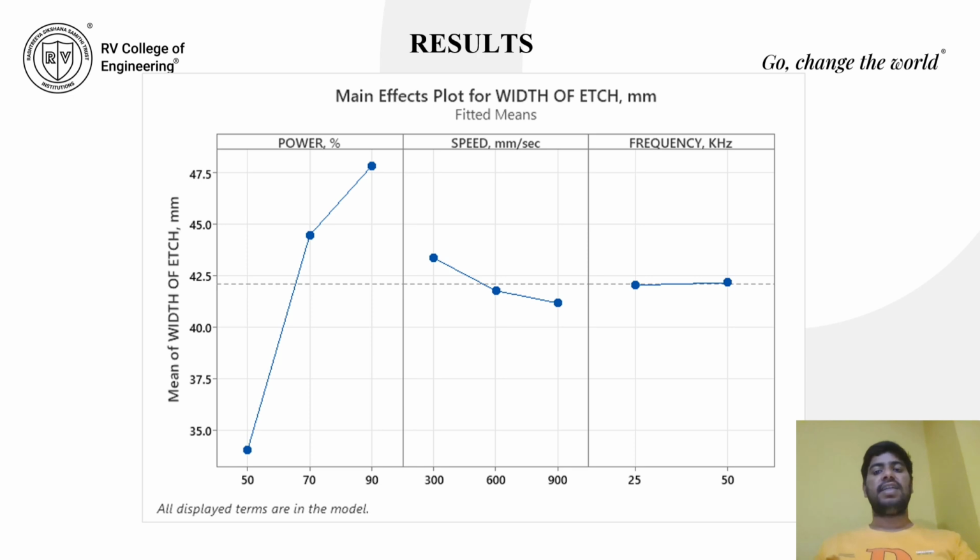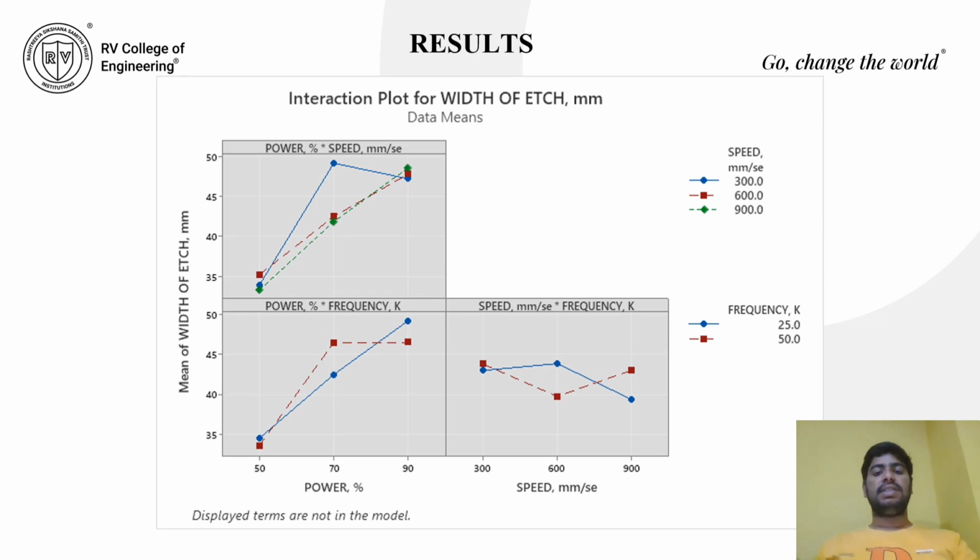Frequency doesn't affect the width of etch as much as power and speed, but it slightly increases the width of etch with increasing frequency. Here we can see the interaction plot for width of etch. The first image shows the interaction between A and B, the second between A and C, and the third between B and C.